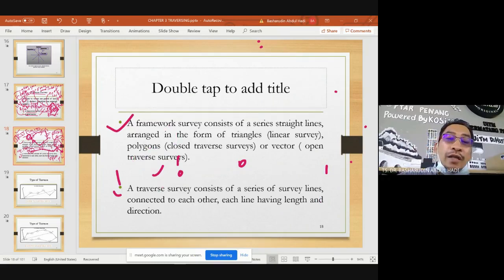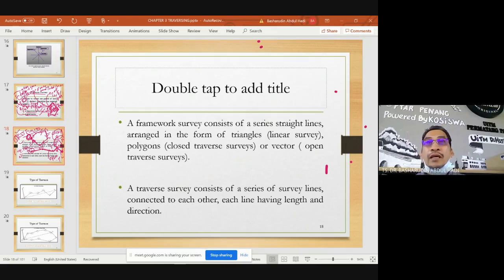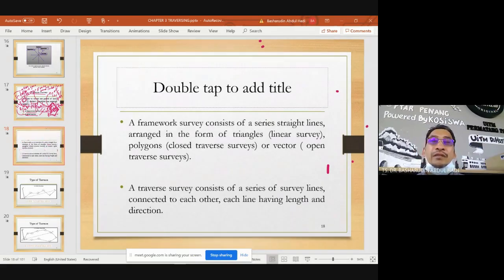If you want full marks, you must say that from station 1, you know the coordinate like this, 100, 100, and you come back to station 1. Again, you know that 100, 100, station 1. So that is what we call a closed traverse. Open traverse, you start from a first point at station 1 where you don't know the coordinate, and then you finish at station 5, and you also don't know the coordinate, so that means an open traverse.